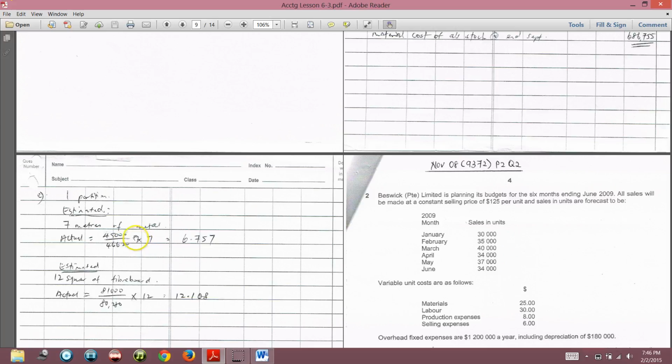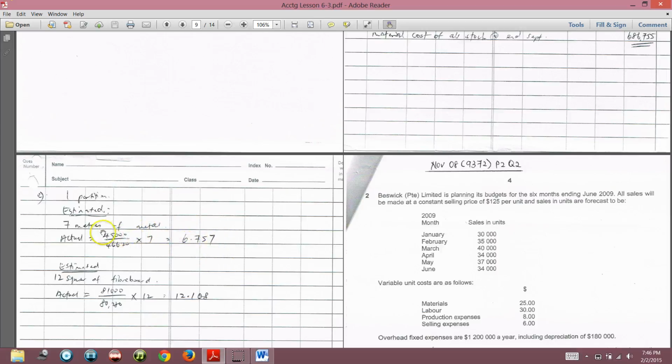So per partition, you do 45,000 over 46,620 times 7, so the actual quantity of metal used per partition will be 6.757.